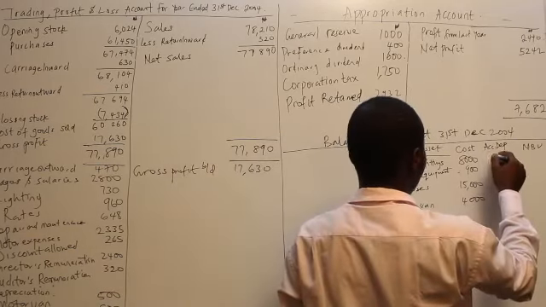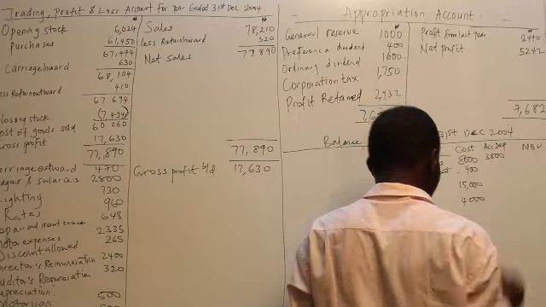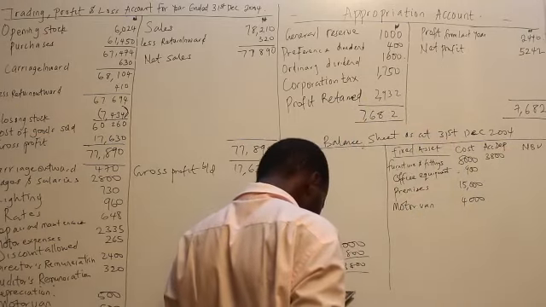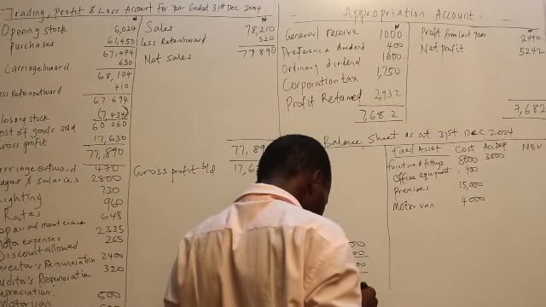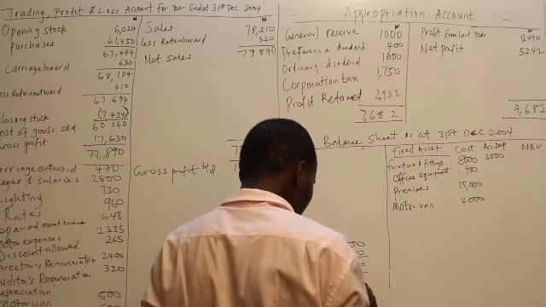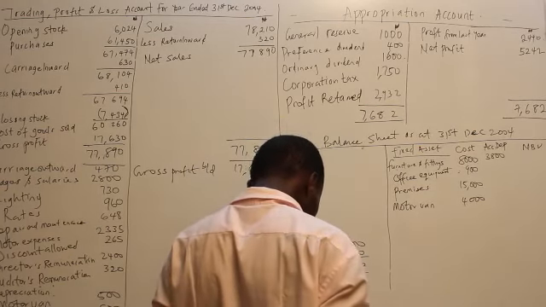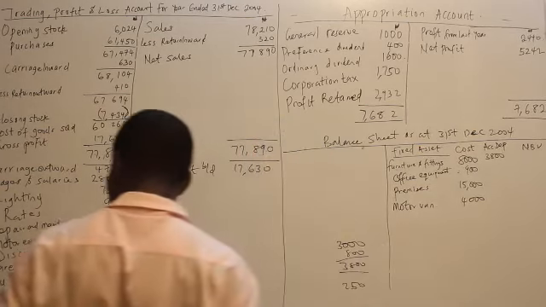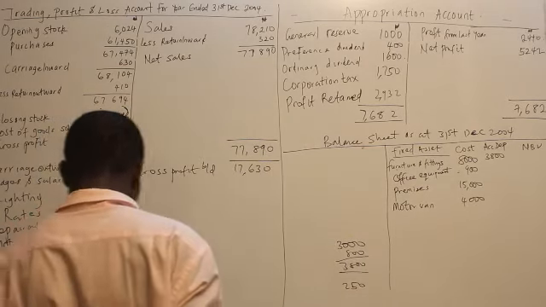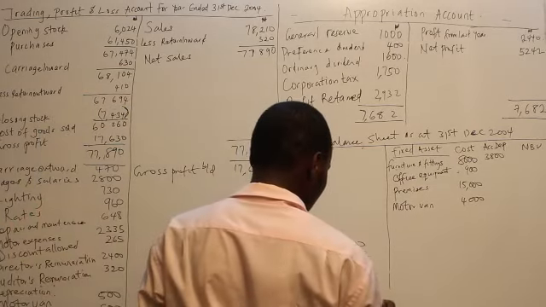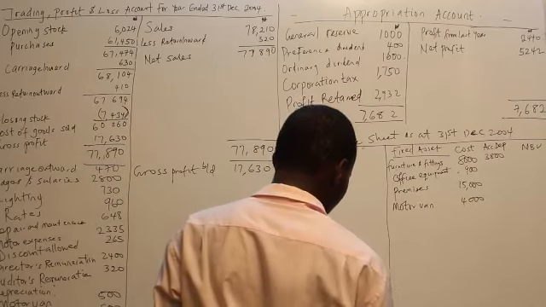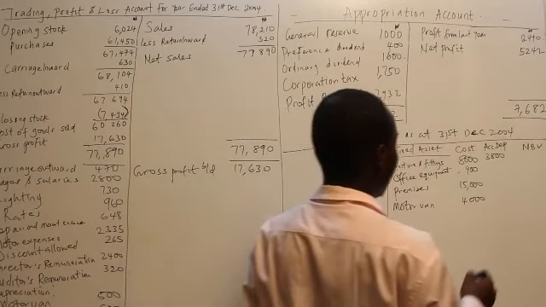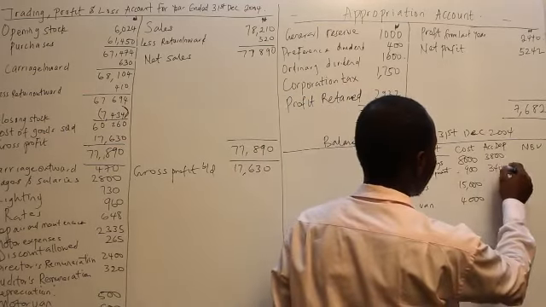The next thing is accumulated depreciation for office equipment. We have 250 before, plus depreciation made for office equipment, 90 naira. That will now be 340.